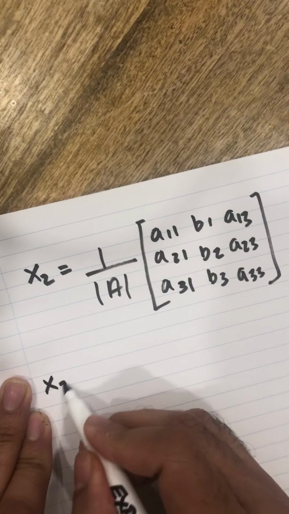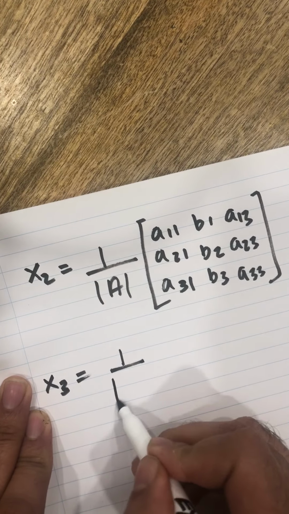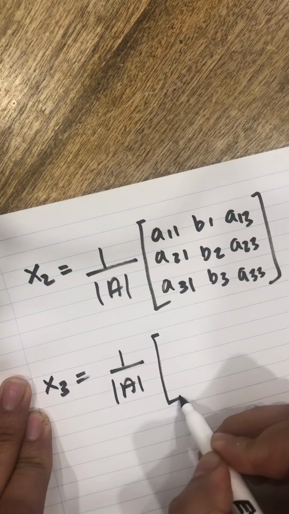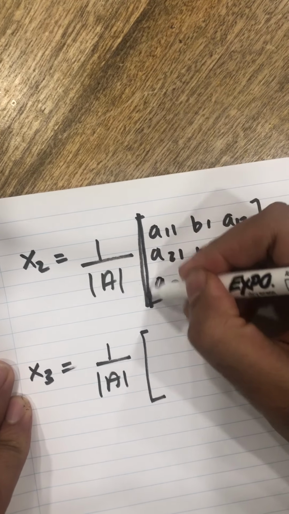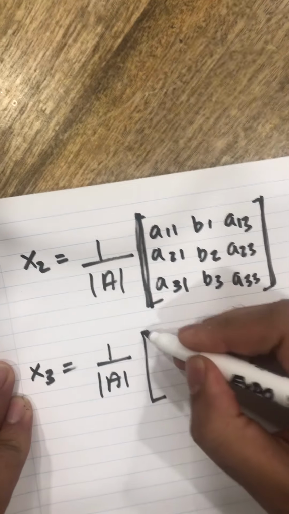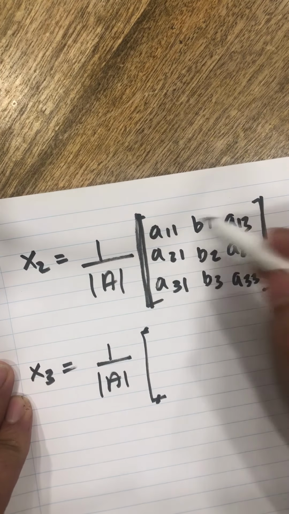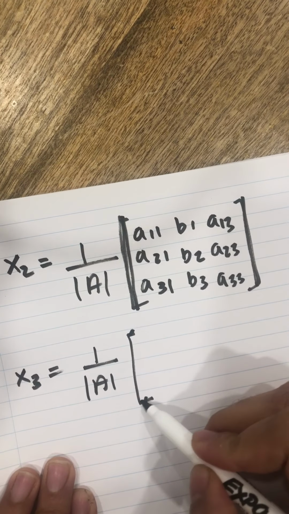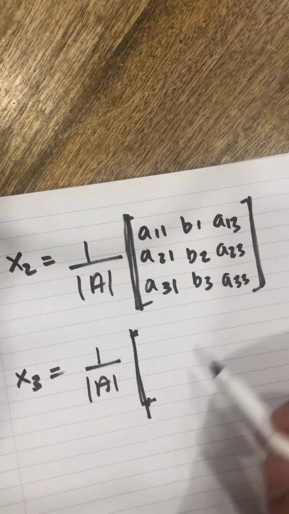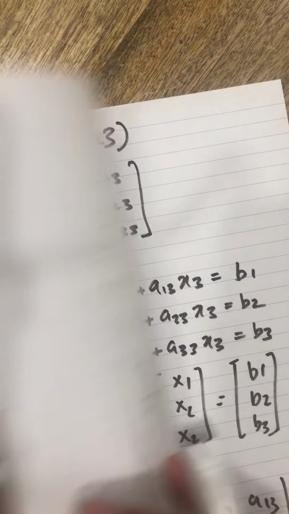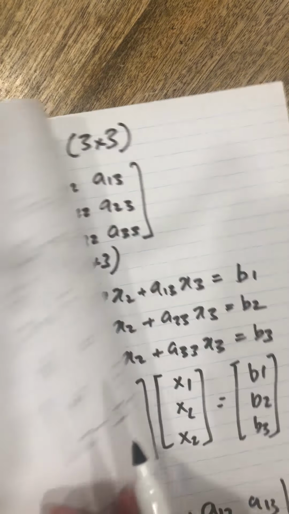And then finally x3 is again 1 divided by the determinant of A. Sorry, this shouldn't be a matrix, it should be a determinant, a straight line, because you're going to calculate the determinant of this 3 by 3 matrix. So from matrix A, you replace the third column by b1, b2, b3.